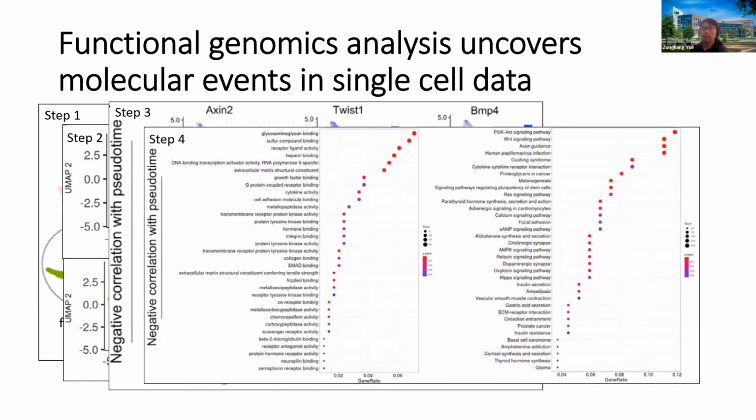Afterwards, they collect all those candidate genes. They use the top 1% of the genes negatively correlated with the pseudo-time and do the enrichment analysis. They use enrichR and put up the gene ontology terms here. The most interesting ones they found relate to the PI3K-AKT signaling pathway and the WNT signaling pathway.